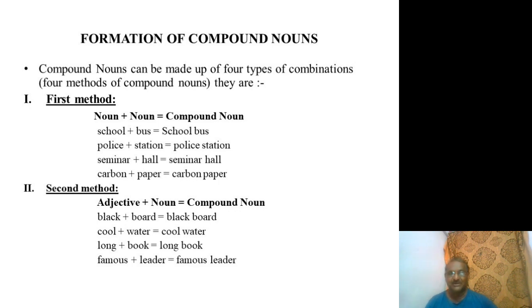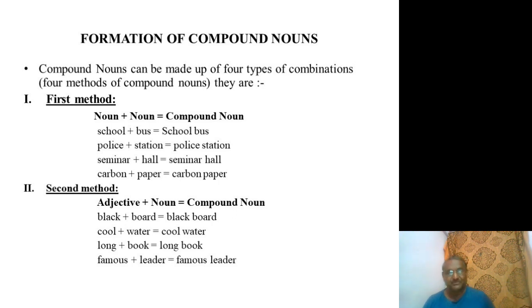Text plus book, textbook. Kitchen plus room, kitchen room. All these are examples of the first method of making compound nouns. Noun plus noun is called compound noun. This is the first method, preparing a compound noun with the help of two nouns.